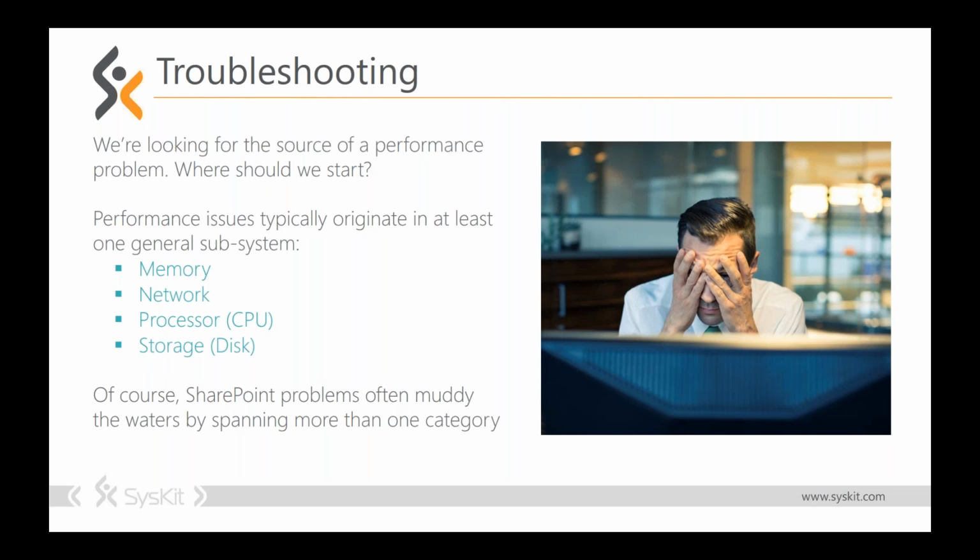But we're typically talking about memory issues, network issues, processor issues, or storage, or some combination of the four. And it comes down to identifying where we've got a problem, what general area, and then digging deeper once we've verified that we are, in fact, encountering a problem in that area.